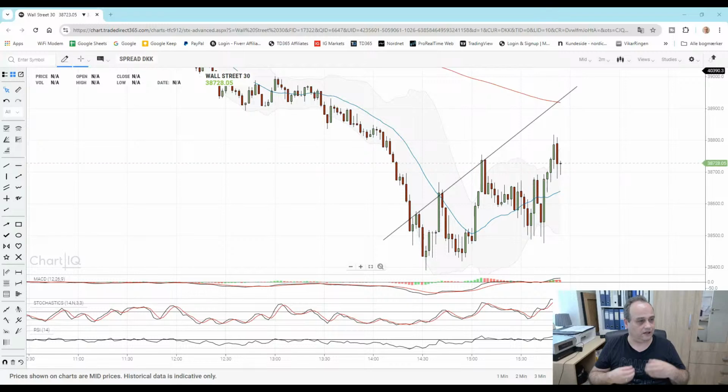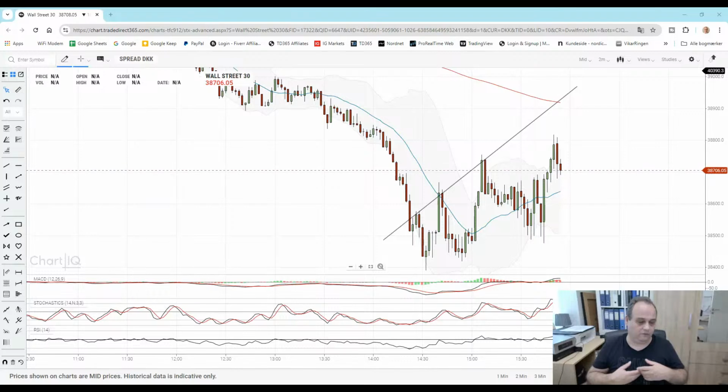I entered on the green bar, and there were two more green bars where I should have taken my money. In this case, I got stopped out on the first red one, so I only got one green bar. But every time you trade, sometimes you get 1 bar, 2 bars, 3 bars, 5 bars, 7 bars, 10 bars. It varies, and in this case it was just 1 bar, but still it was a plus.